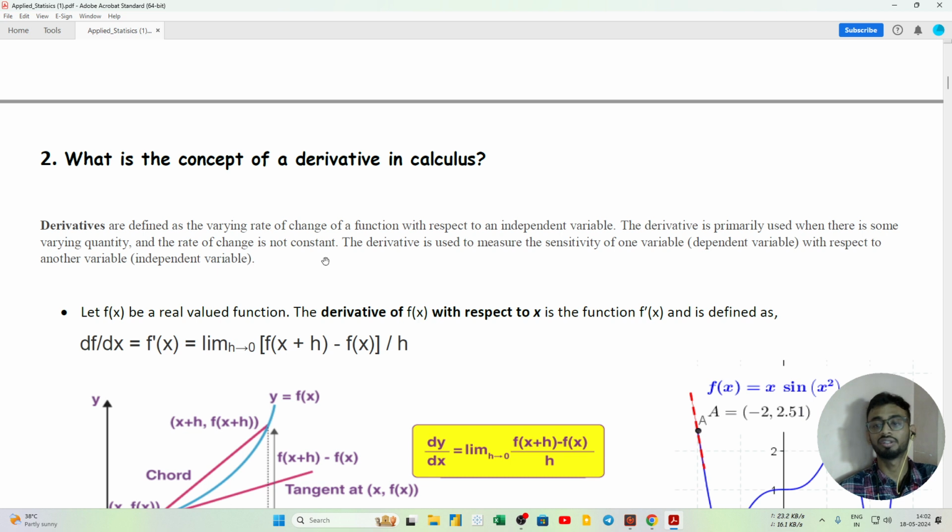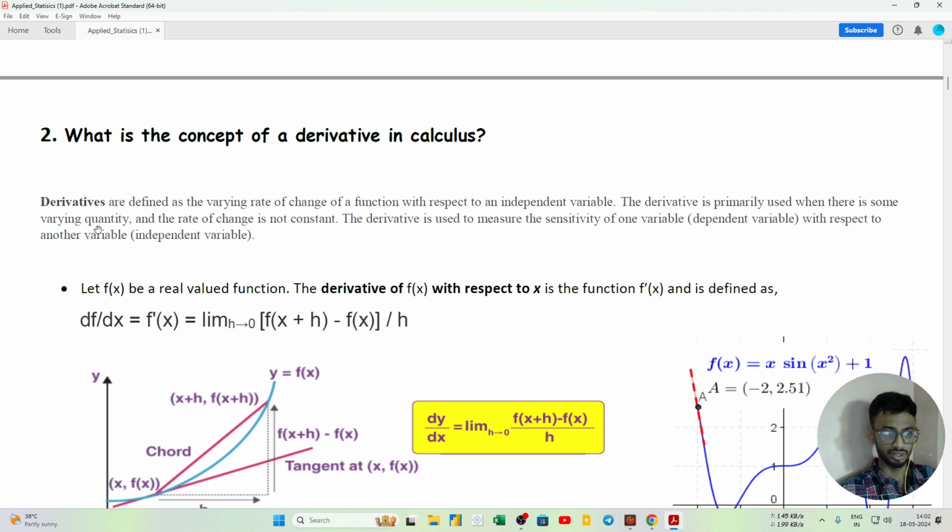So to know everything about derivative from scratch, we first have to study the concepts of limit and continuity, because to find the derivative of a function at a certain point, we first ensure the function is differentiable at that point. For that, we must have the concept of limit and continuity.